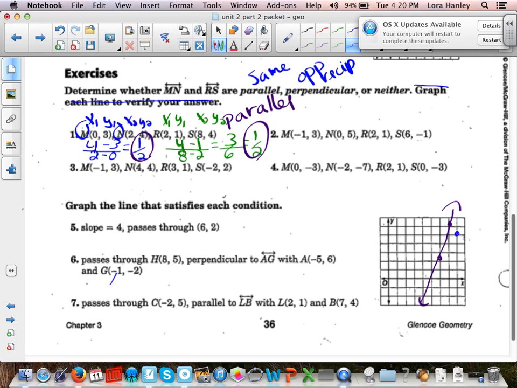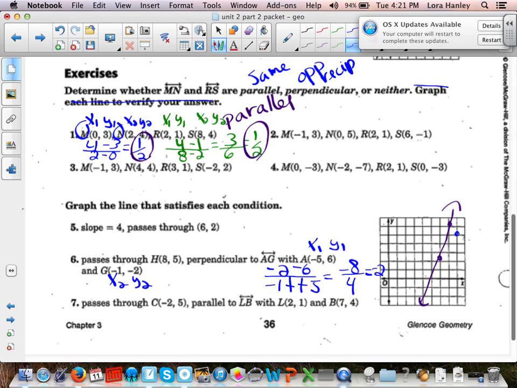So x2, y2, x1, y1. We put that into our formula, negative 2 minus 6 over negative 1 minus negative 5. Negative 2 minus 6 is negative 8. And when we see that double negative, it's plus a positive. So negative 1 plus 5 is 4, which reduces to negative 2.